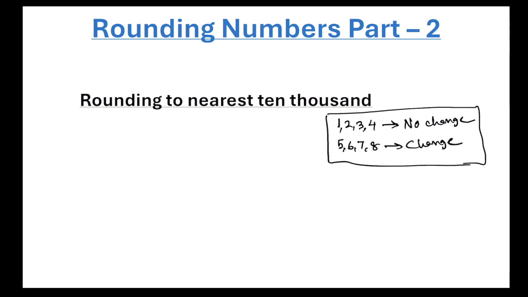Let's take a big number, 58,236. So step 1, let's figure out what is the 10,000th digit. Ones place digit is 6, tens place digit is 3, hundreds place digit is 2, thousands place digit is 8, 10,000 digit is 5.